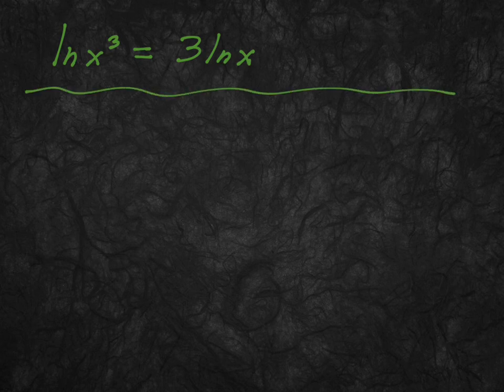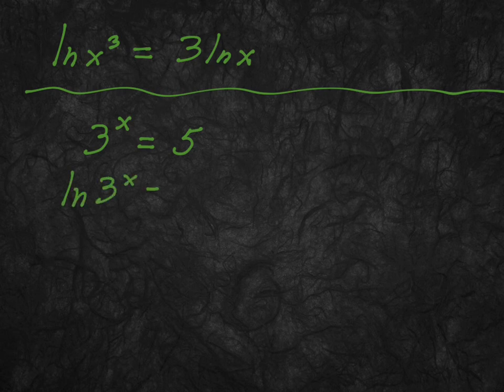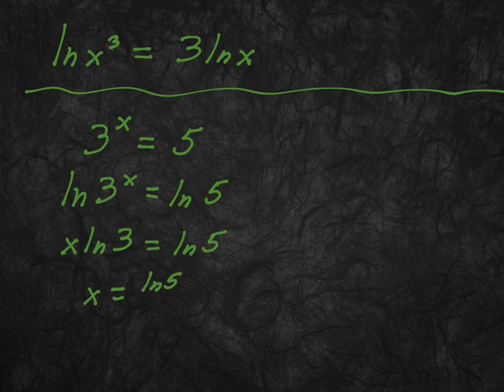For example, if we have an equation like 3 to the x is equal to 5, well, we could take the log of both sides to solve for x, but we could also take the natural log of both sides. This allows us to pull the x out front, and then we can go and divide by the natural log of 3.